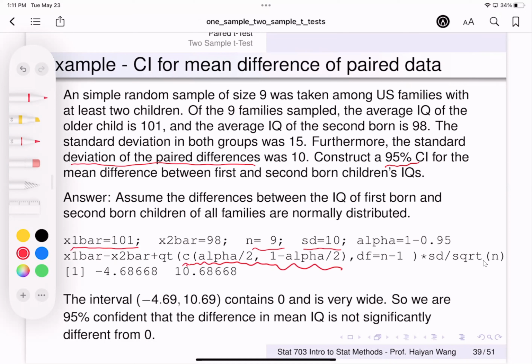Just make sure the smaller one in the result is the lower bound and the bigger one is the upper bound, and then S over square root of n at the end. So this gives us the computation of the confidence interval in one line, and this qt gives us both critical values.